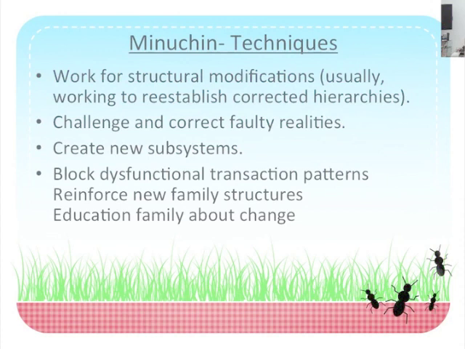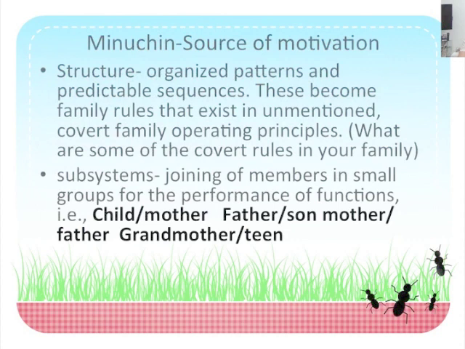Create new subsystems. Like maybe there's been an enmeshed relationship between a father and a daughter, and so maybe I will focus on building more of a subsystem between the daughter and the brother. Something like that. And Minuchin would try to block dysfunctional transaction patterns, reinforce new family structures, and educate the family about change.